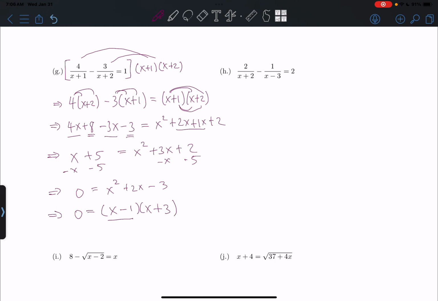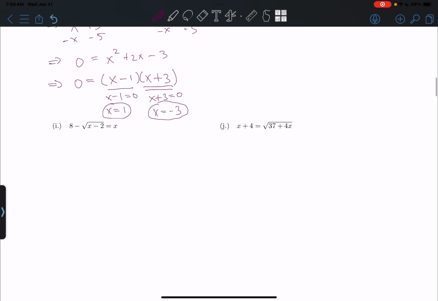This one. Set that equal to 0. And we are done with this kind of problem.